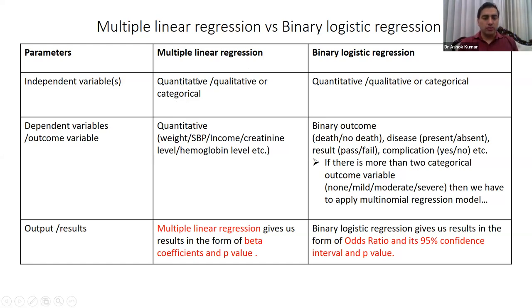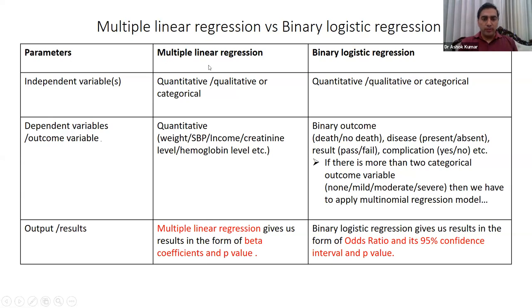Quantitative means age or BMI, or qualitative or category means like gender. And for binary logistic regression, same thing. It may be quantitative or it may be categorical. But what is difference? Difference is in dependent or outcome variable.